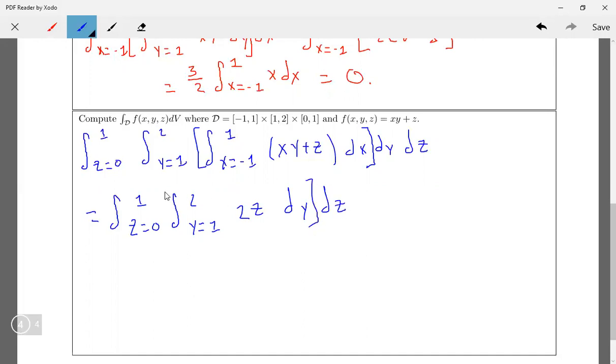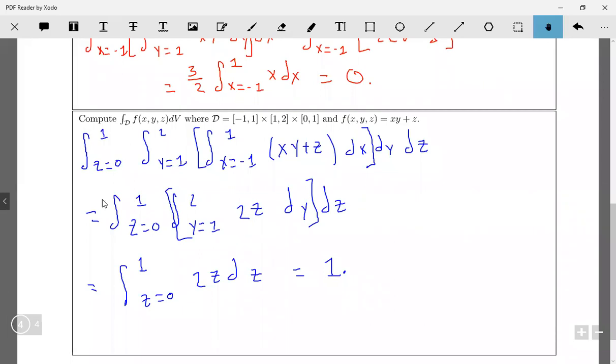And we're just going to look at the inner integral. Now, as far as y is concerned, z is a constant. So this integral is just equal to 2z, because we're going from y equals 1 to y equals 2. So this is 2z dz. The antiderivative of z is z squared over 2. It'll cancel with that 2. This is just equal to 1.